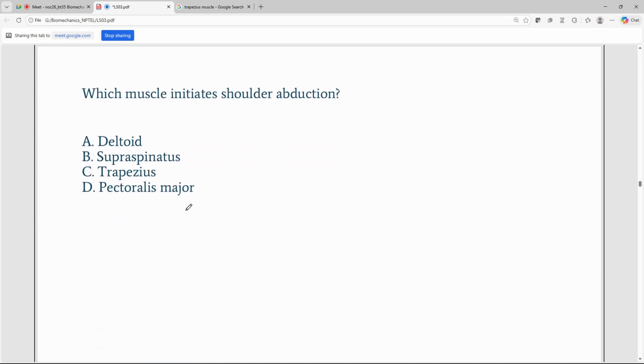Next question, the muscle which initiates the shoulder abduction. Options are, option A, deltoid, option B, supraspinatus, option C, trapezius, option D, pectoralis major. So what is the abduction motion? If you remember what is an abduction motion, then it will be easy for you to recollect which muscle will help in the abduction movement of the shoulder.